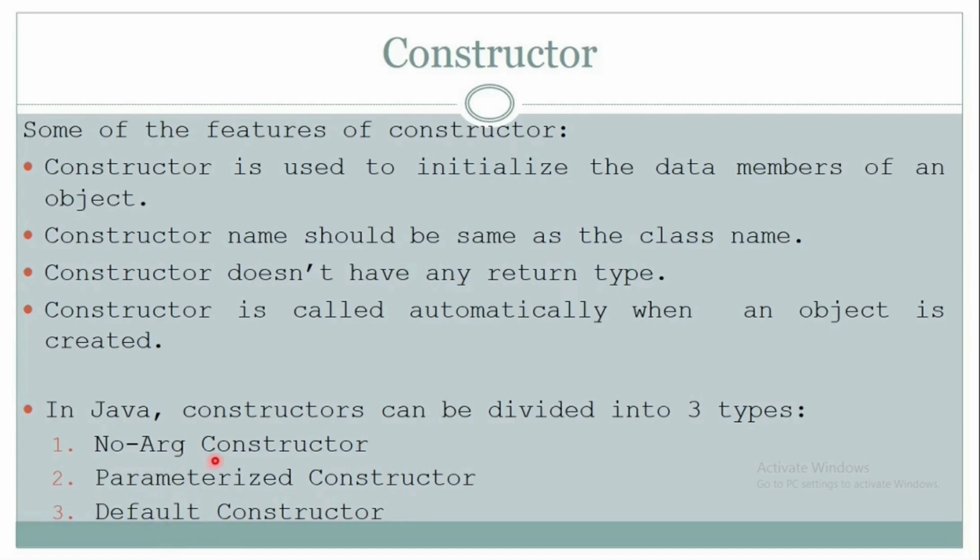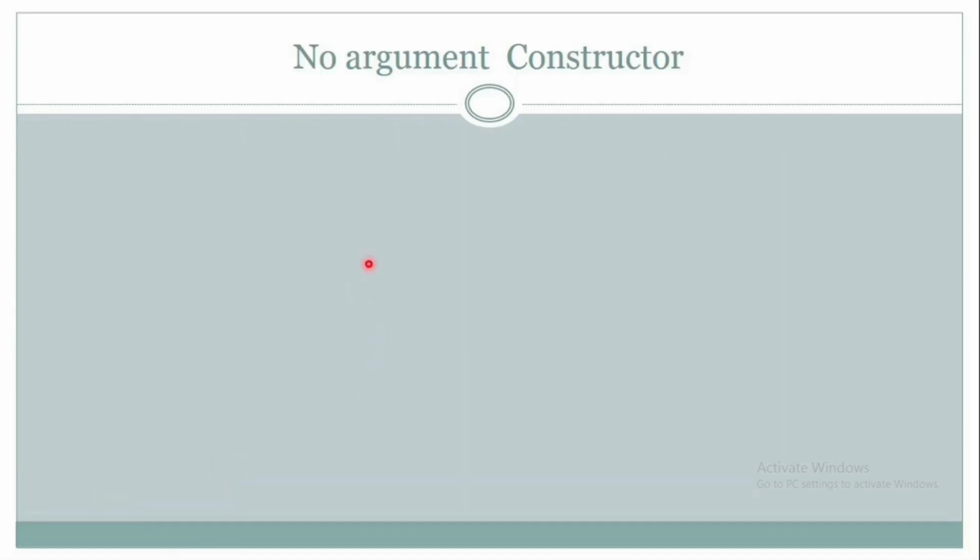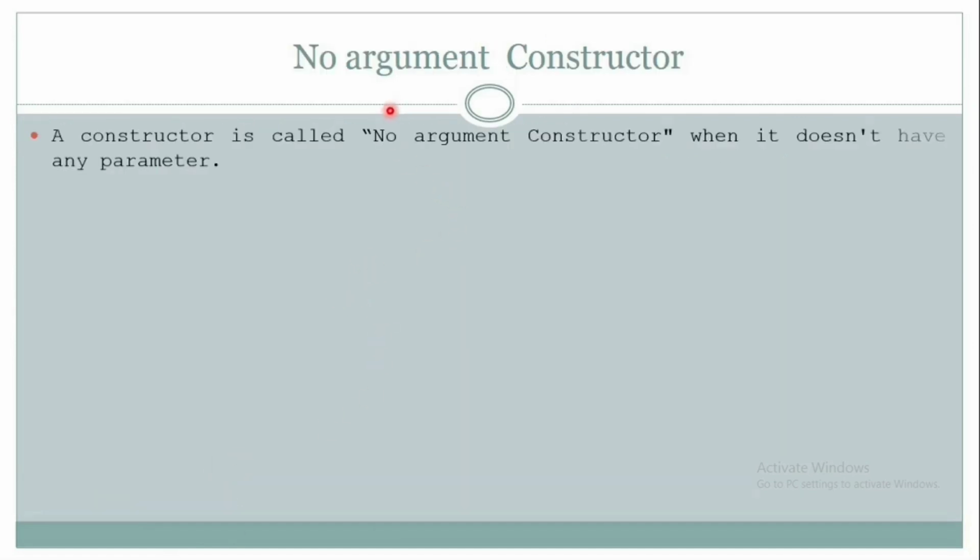Now let us understand no argument constructor. As the name itself says, no argument constructors are constructors that don't have any parameters. Let us understand this with a simple example. I have created a class called bike.